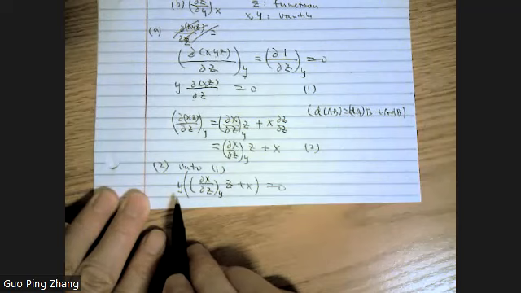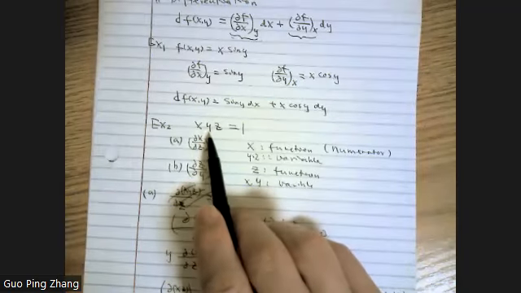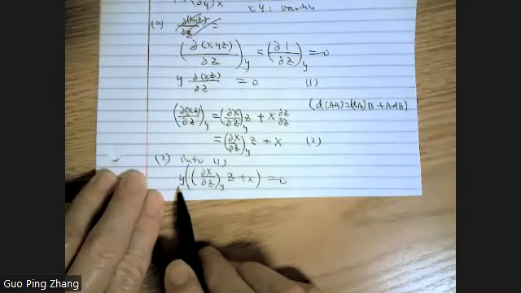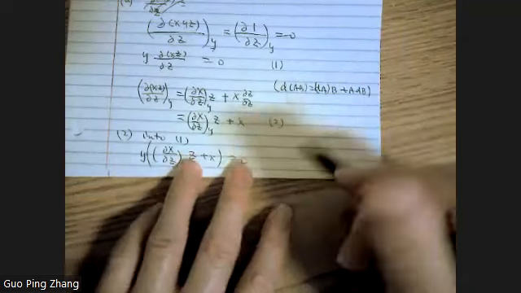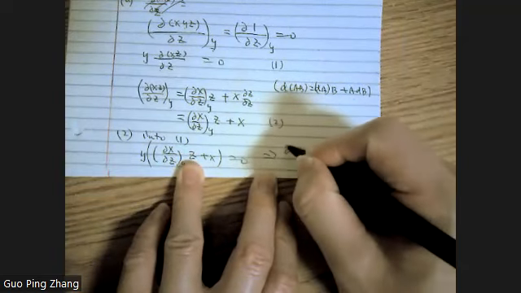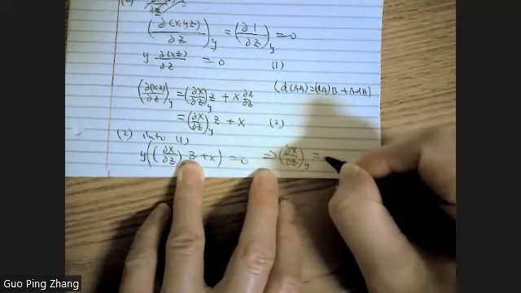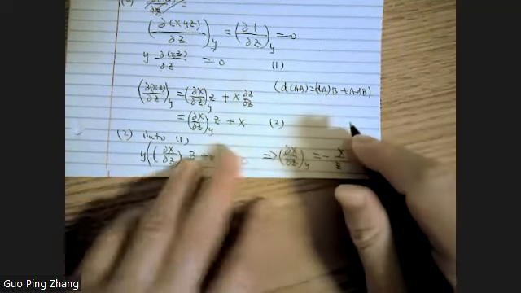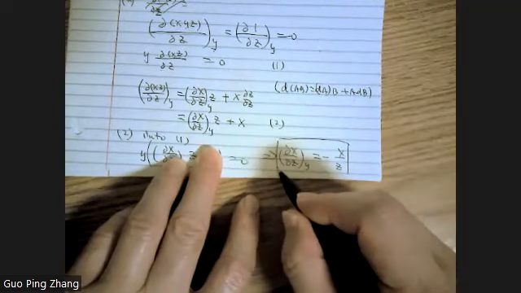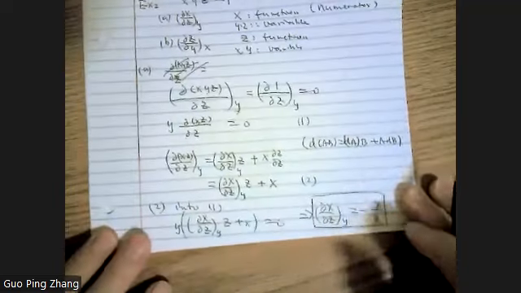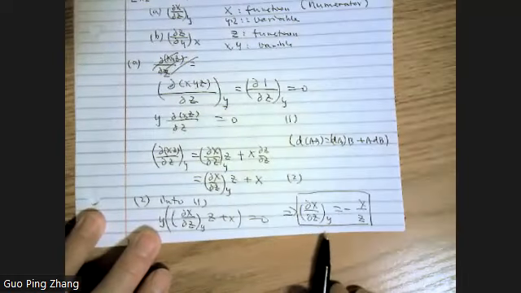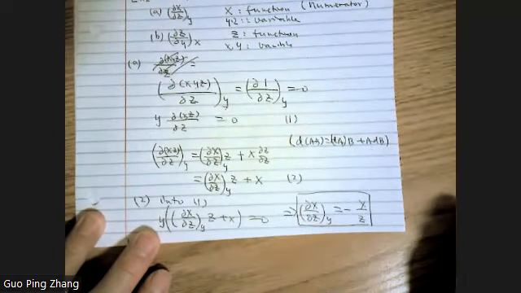Now y can never be 0, because if y equals 0, xyz will never be 1. So I can get rid of this y on both sides immediately. The final result is partial x over partial z, holding y constant, equals negative x over z. This is my final answer.